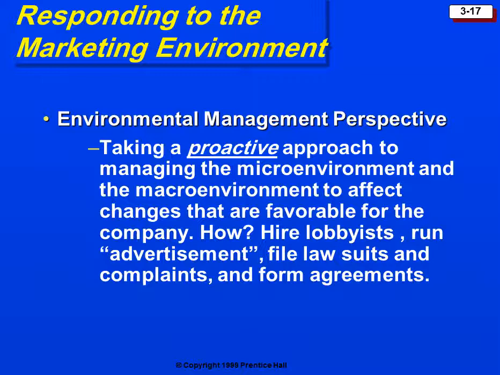So we can say at the end of this chapter that all companies operate within a marketing environment. This environment consists of all the actors and forces that affect the company's ability to transact effectively with its target market. The company's marketing environment can be divided into the microenvironment and the macroenvironment. The microenvironment consists of five components.